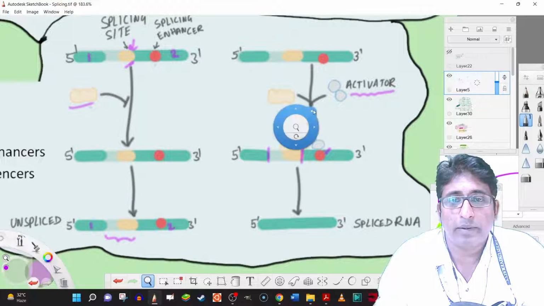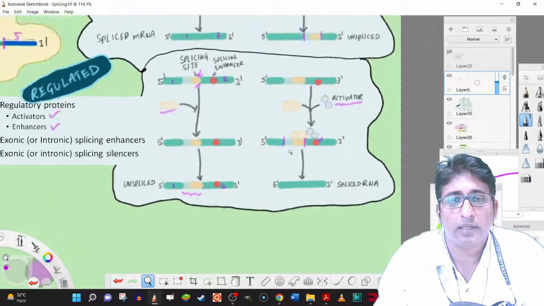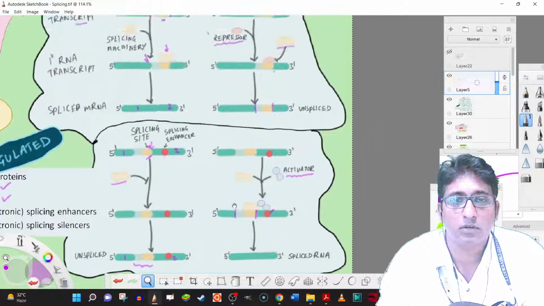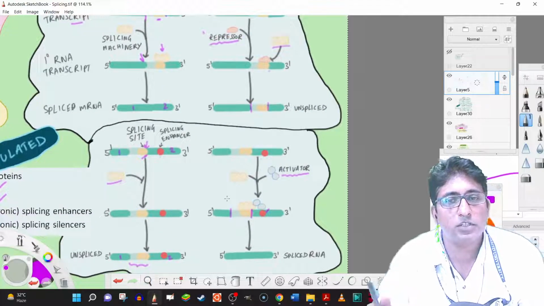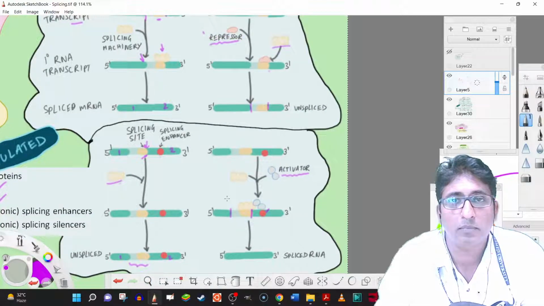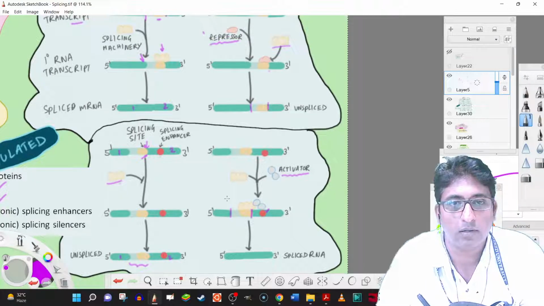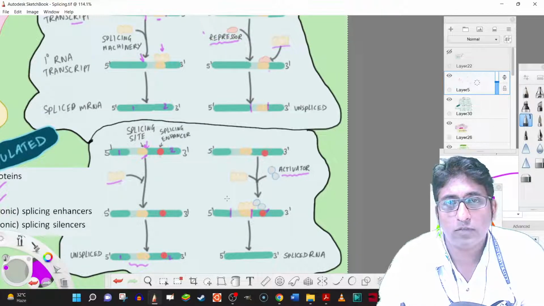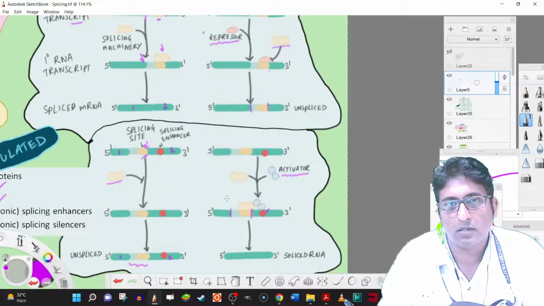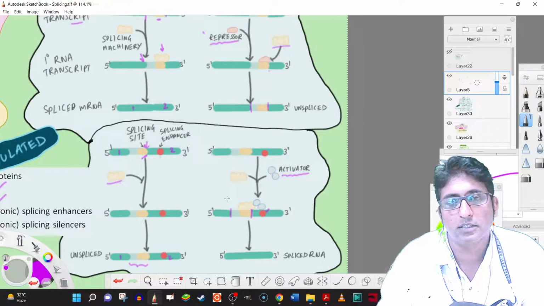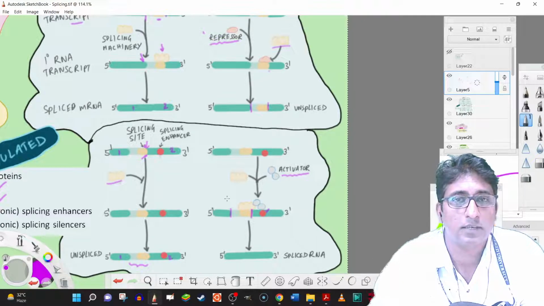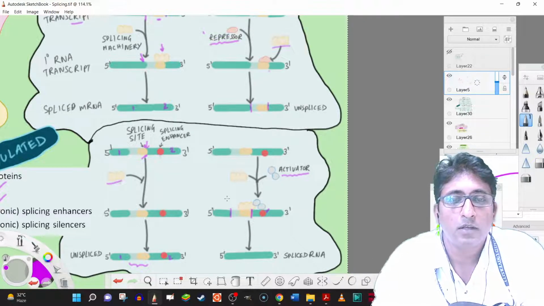If we quickly compare the activator and the repressor, the presence of a repressor would inhibit splicing, which otherwise by default would have occurred. With activators, splicing by default would not have occurred, but because of their presence, splicing occurs.